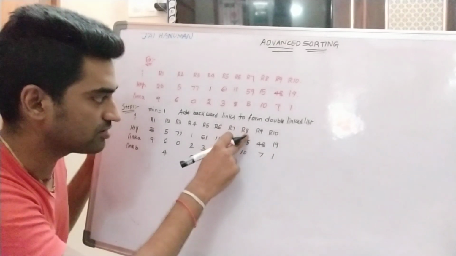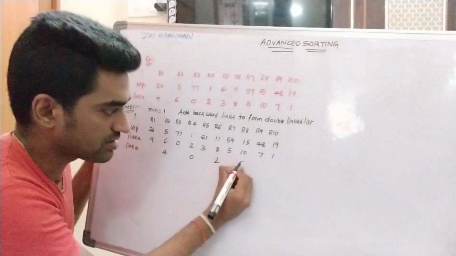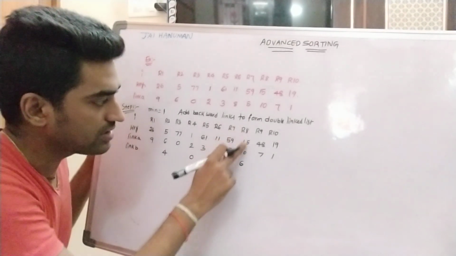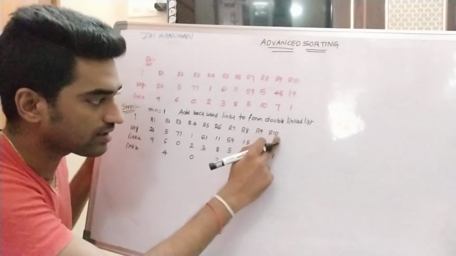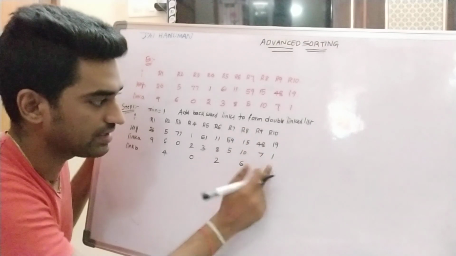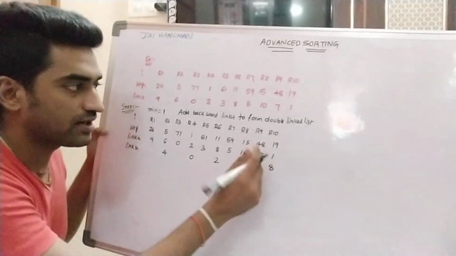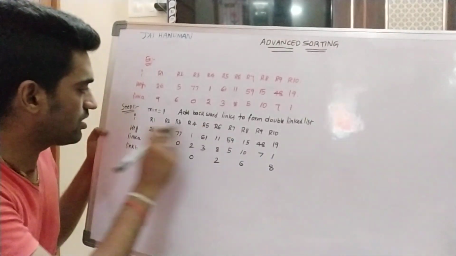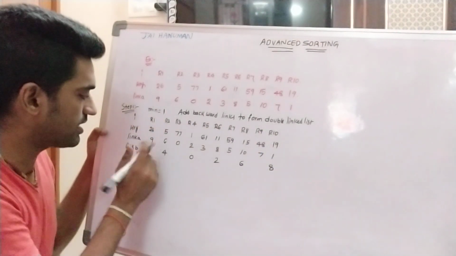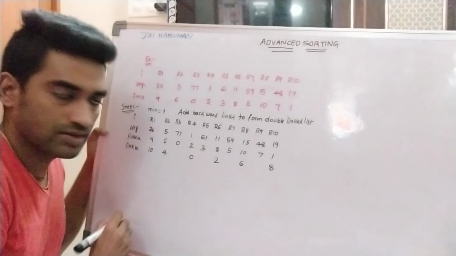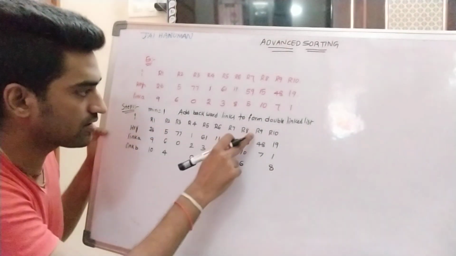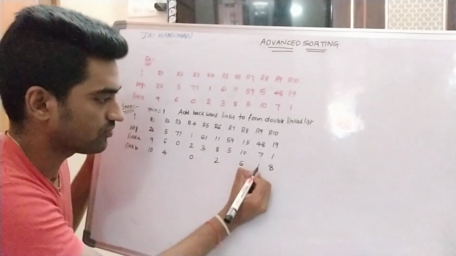Go to R8, place 6. Again we check the link A of R8, 10. Go to R10 record, place 8. Again we check the link A of R10, 1. Go to R1, place 10. Again we check the link A of R1, 9. Go to R9, place 1.